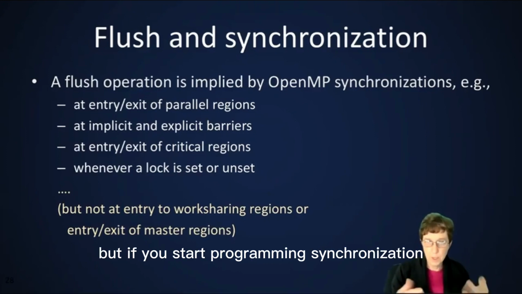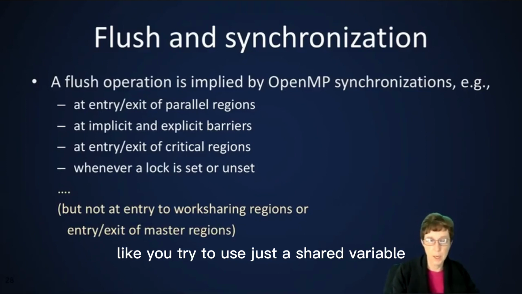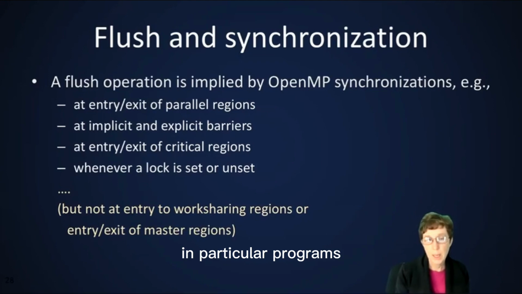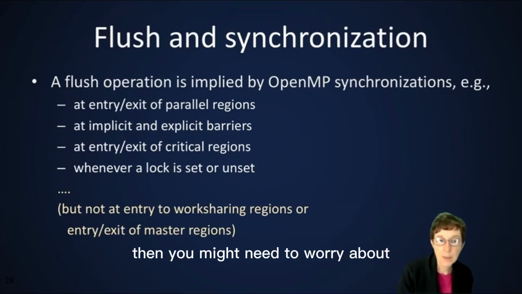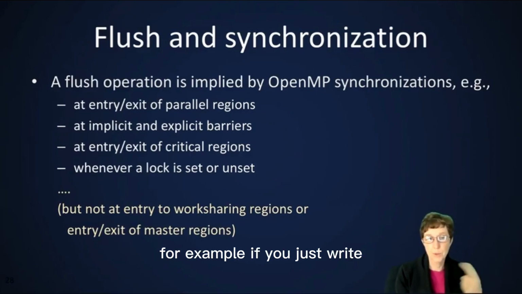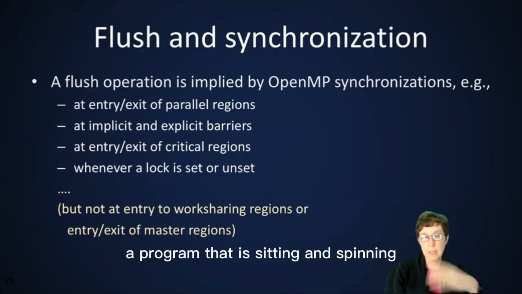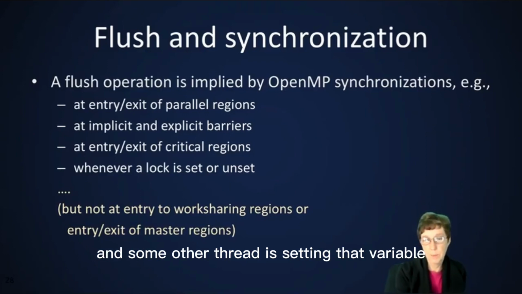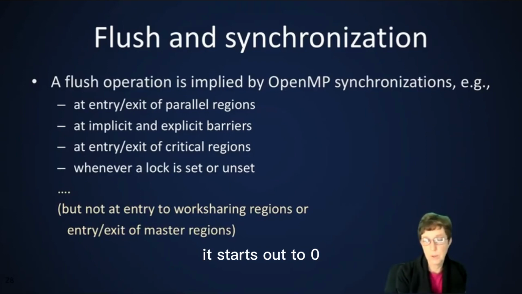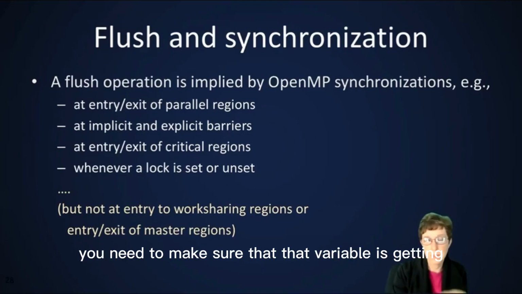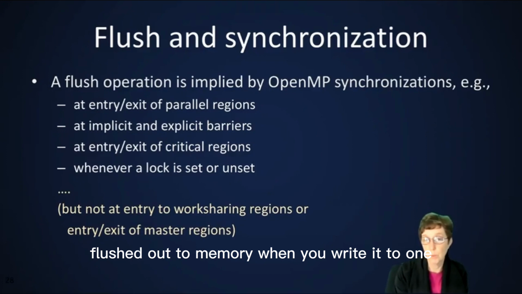But if you start programming synchronization, like you try to use just a shared variable for certain synchronization, which you can sometimes do in particular programs, then you might need to worry about inserting flush operations. For example, if you write a program that is sitting and spinning, waiting for a variable X to be set to 1, and some other thread is setting that variable, it starts out as 0, and some other thread sets that to 1, you need to make sure that variable is getting flushed out to memory when you write it to 1.